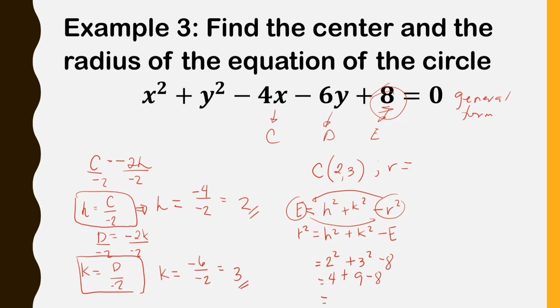This is our r squared, but it's still not the value of r, so we have to get its square root. r squared is equal to 5. Get the square root of both sides, so r is equal to the square root of 5. Therefore, our center is at the point (2, 3), and the radius is the square root of 5.